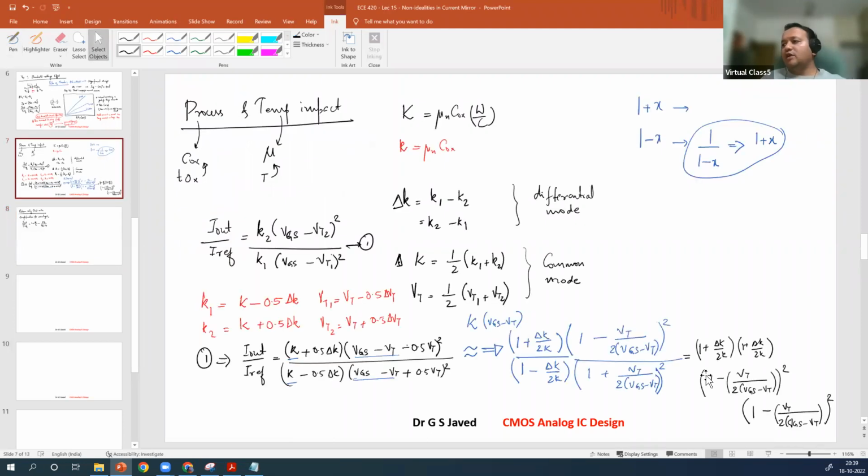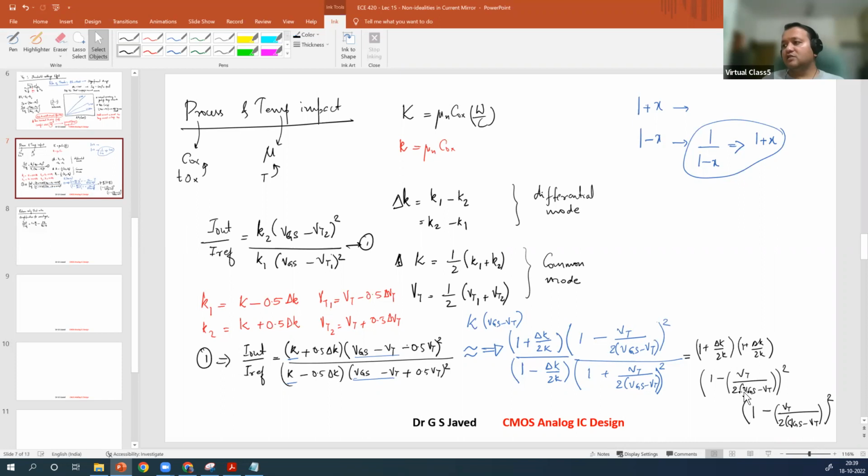How do you get this? If you multiply (a minus b) the whole square times (a minus b) the whole square. So you'll only be left with 1, and the next smallest term would be the summation of these two. So Vt by 2 (Vgs minus Vt) times Vt by 2 (Vgs minus Vt). So you will get 4 such quantities, right? 1 minus 2 times Vt by 2 (Vgs minus Vt) plus Vt divided by 4 (Vgs minus Vt) the whole square.